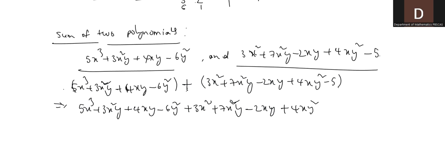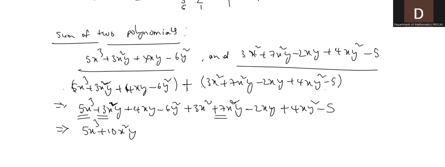So separating the like terms: 5x cube, like terms means x cube term. First, the highest, x cube is there, only a single term, so 5x cube. And y square terms. 5x cube is done. And look at where the x square y terms are. x square y terms: plus 3x square y, 7x square y, 7 plus 3, 10x square y. So like terms, that is, if the same terms are there, we can add them like this. And the xy terms: minus 2xy, 4xy.